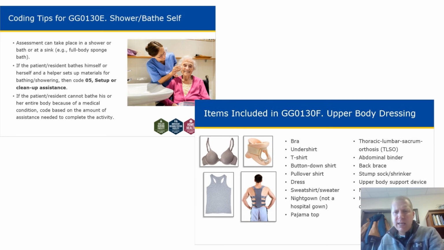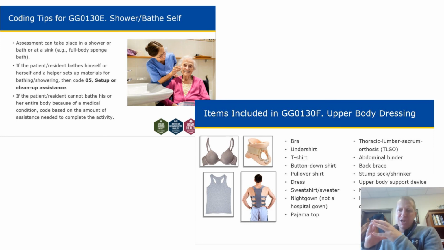So let's see here, upper body dressing. Upper body dressing can include a bra, undershirt, t-shirt, button-down shirt, pullover shirt, maybe a dress, a sweatshirt or sweater, nightgown, or pajama top.